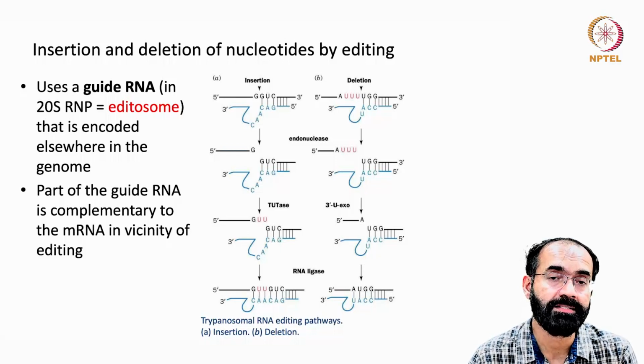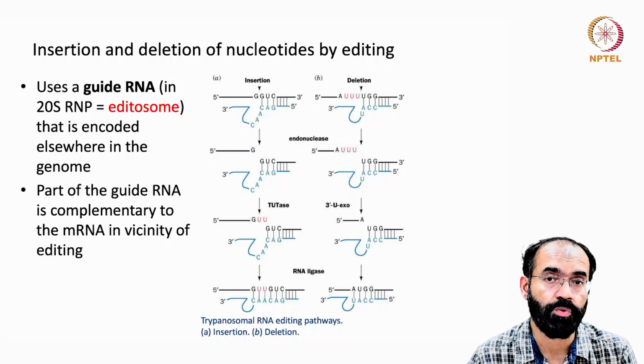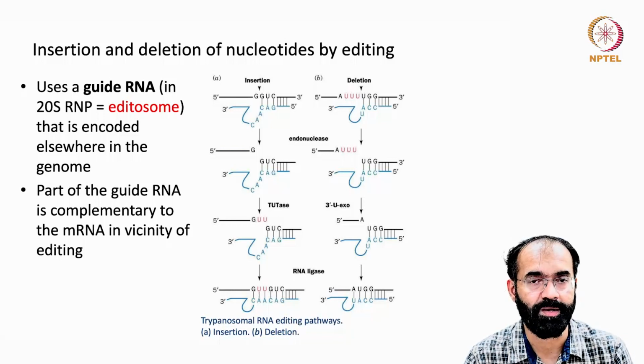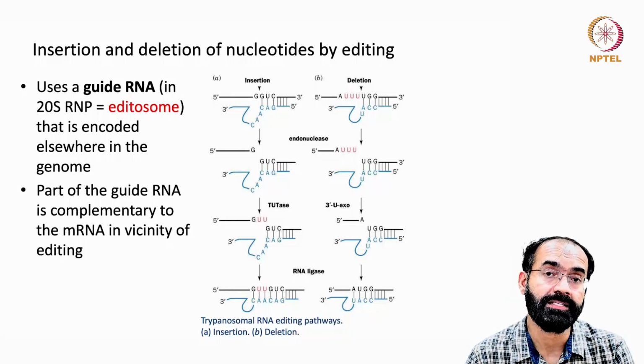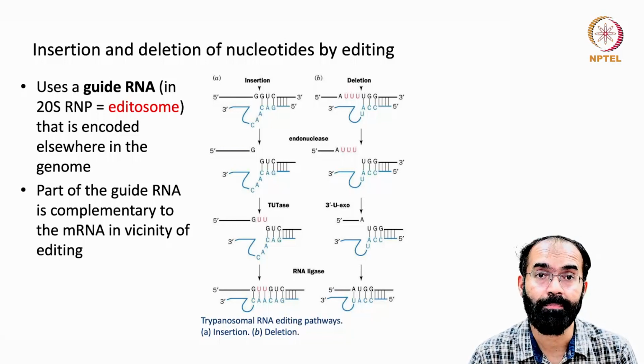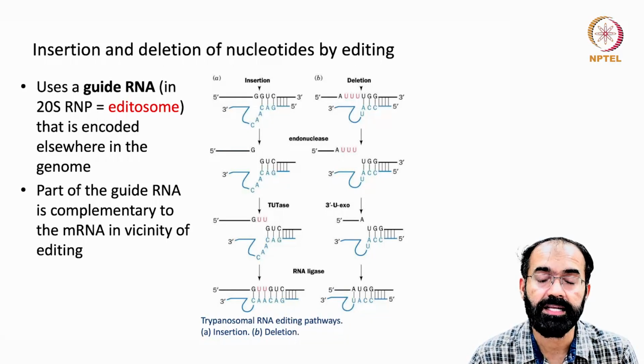So the editosome contains a guide RNA capable of influencing uridine changes, which is encoded elsewhere in the genome. It is produced from somewhere and acts on some other RNA. It is the part of the guide RNA that is complementary to the mRNA in question, the mRNA to be edited, in the vicinity of the editing.